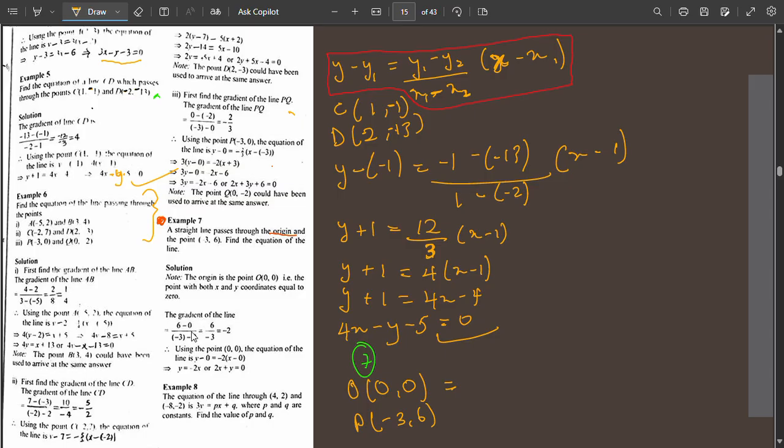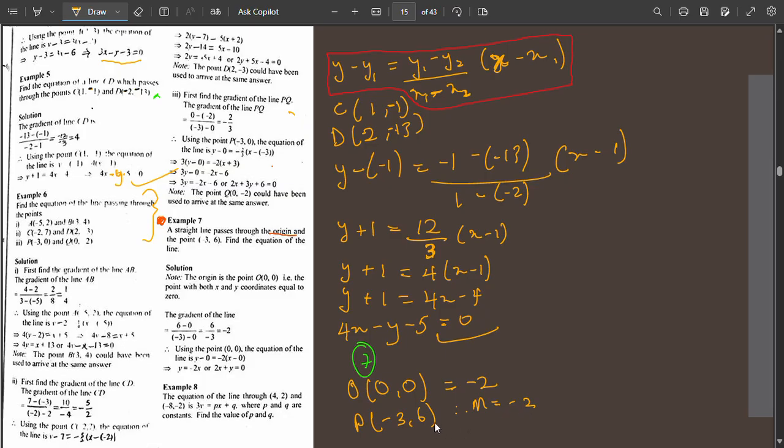So the gradient is 6 minus 0 over -3 minus 0. Right? So it's -2. Therefore, the gradient of that line is -2. Once you have the gradient and a point, you can find the equation of the line.